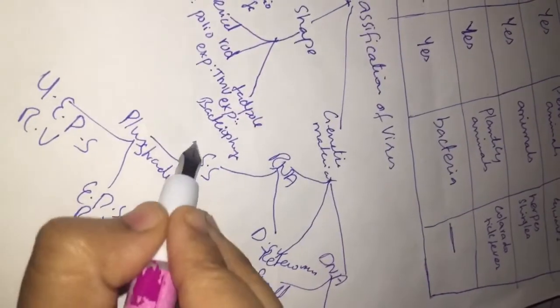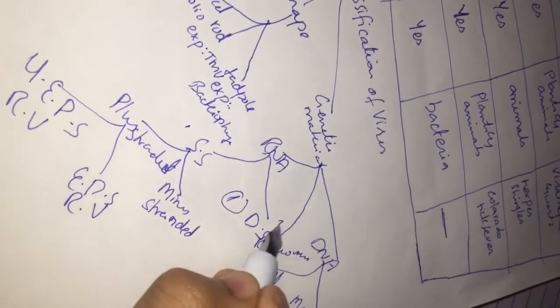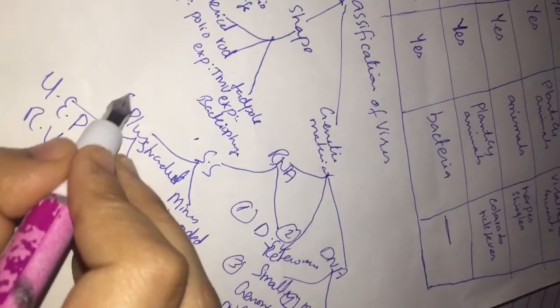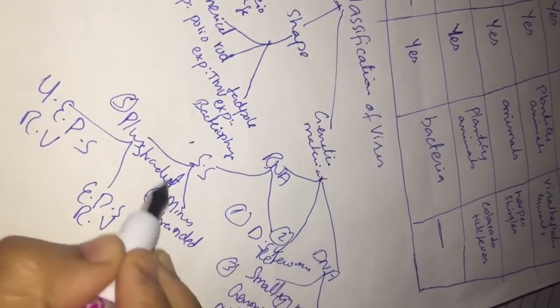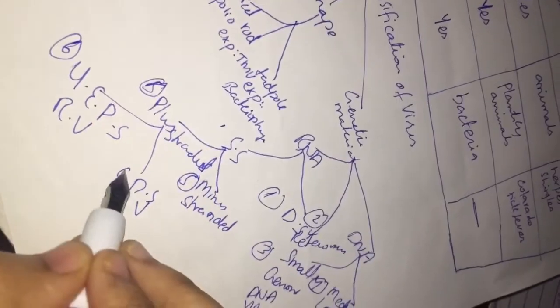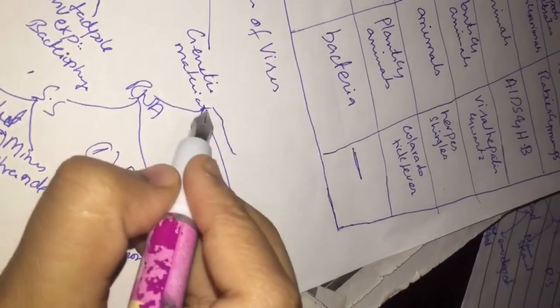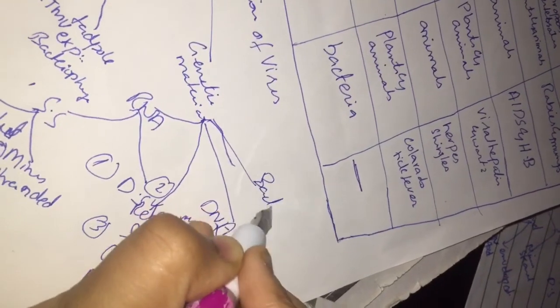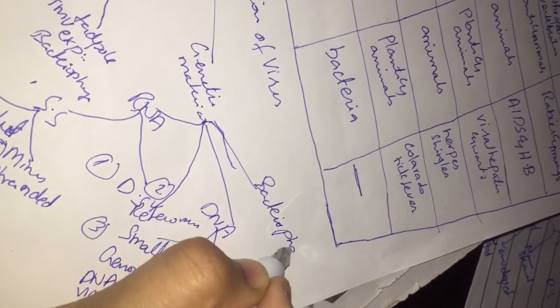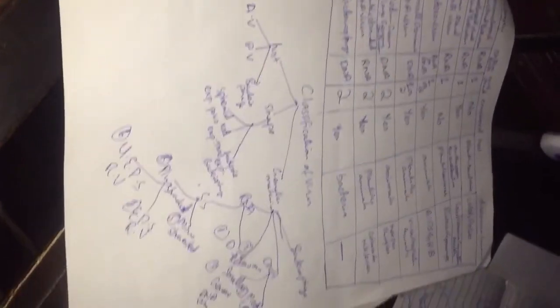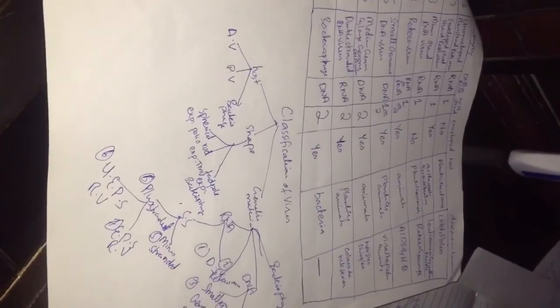Okay, so let's label them again, the 8 main categories. Number 1, number 2, number 3, number 4, number 5, number 6, number 7, and the 8th category is actually a different one, which is bacteriophage. Okay, so this was a quick review, and this is all about our lecture, and thank you so much.